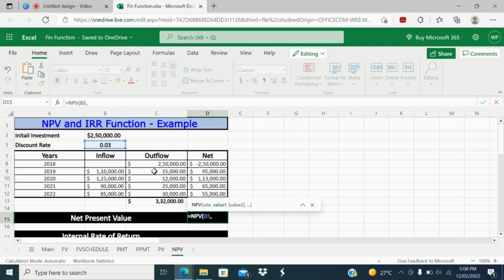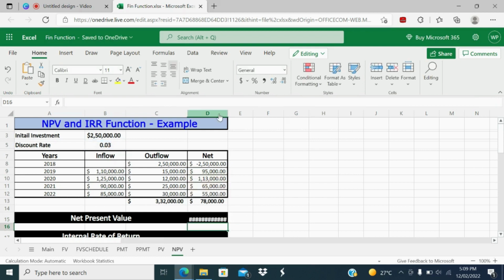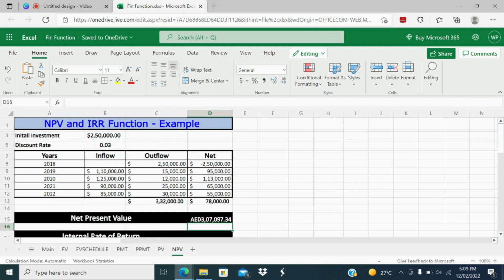But the first year is a negative amount, an outflow, with no inflow, so by default we should not consider this value. From the second year, I need to consider the net cash flow values, and I can close the bracket. So the answer here is 307,097.34.